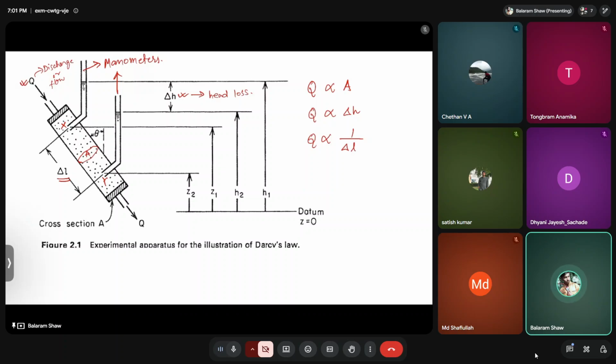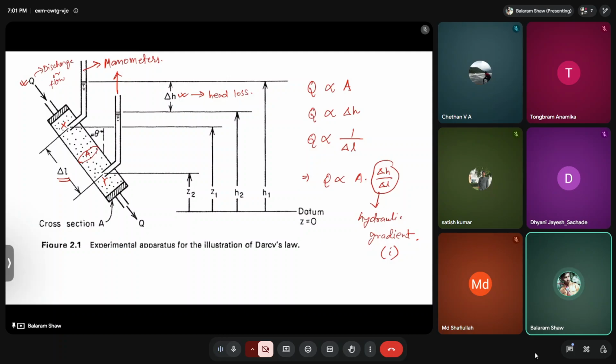So from these we can write Q is proportional to A into del H by del L. This term we call the hydraulic gradient, which we mostly denote by I.